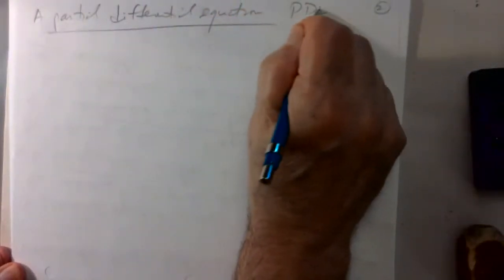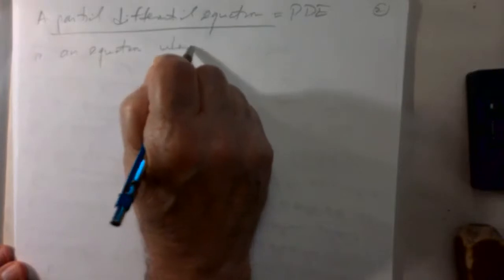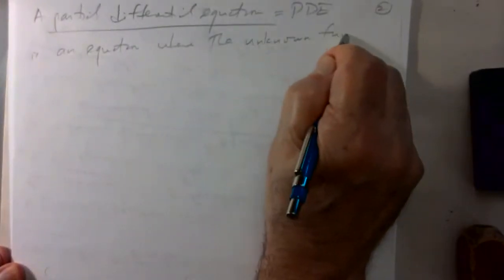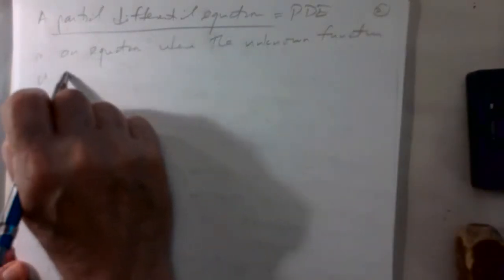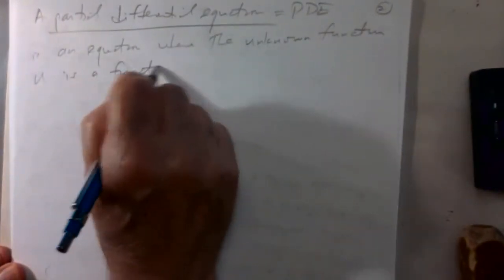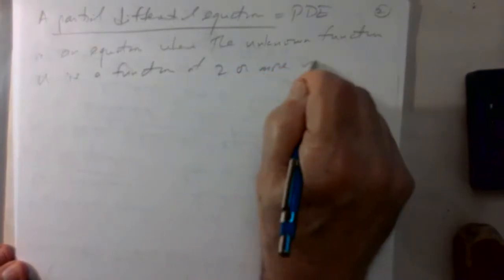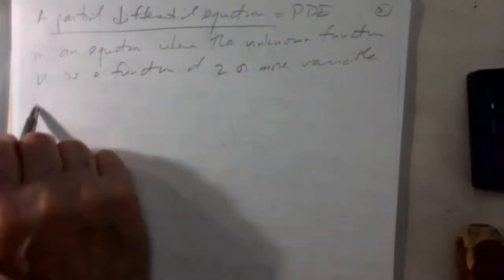A partial differential equation, or PDE, is an equation where the unknown function u is a function of two or more variables.